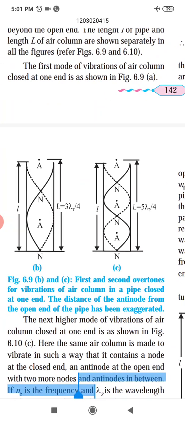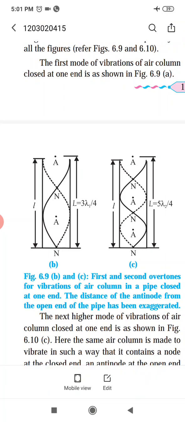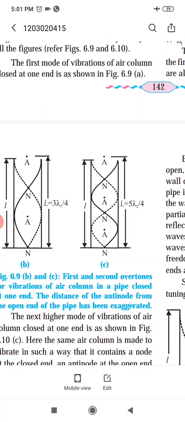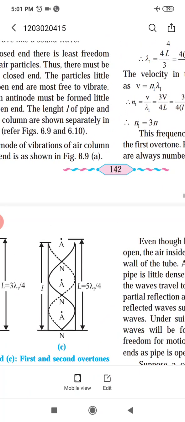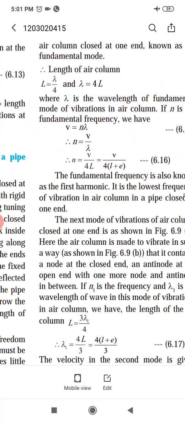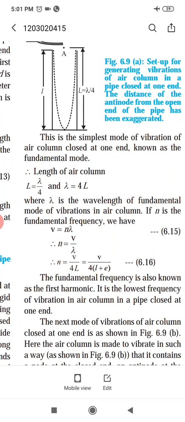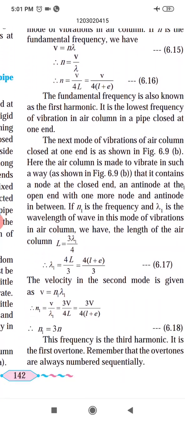Now we have to consider the velocity of sound in second mode. If you see its velocity, it will be V is equal to n lambda. So n is equal to V upon lambda.